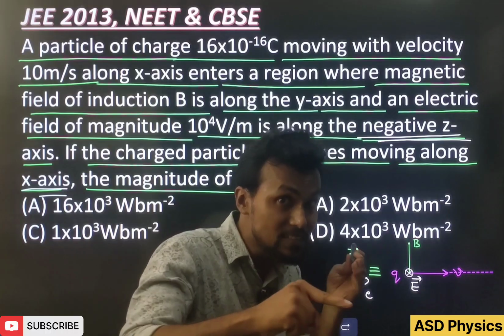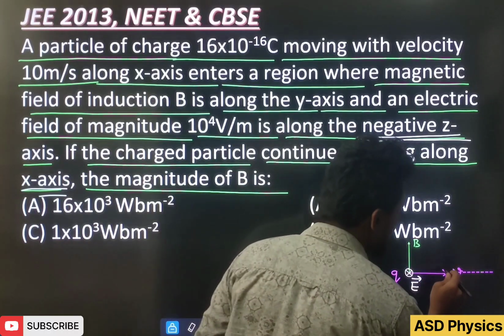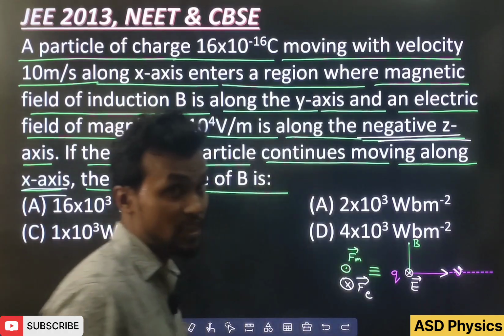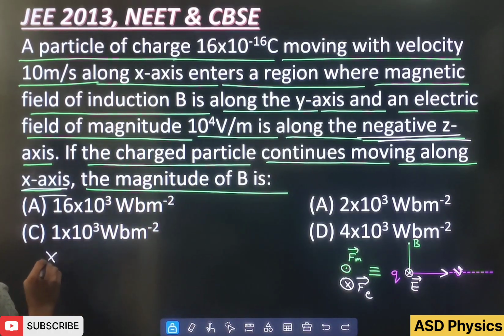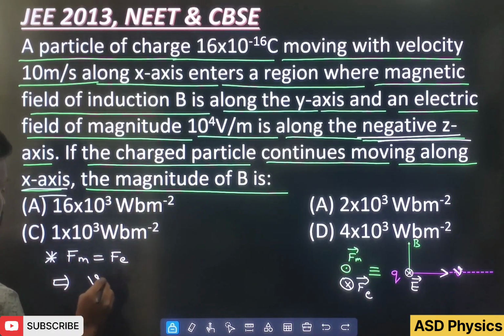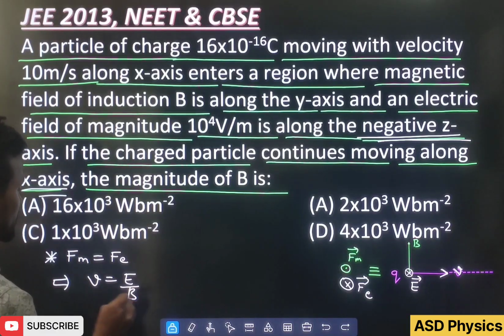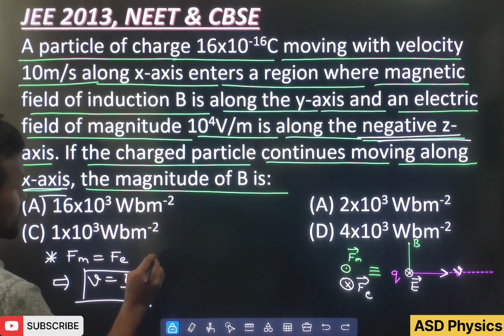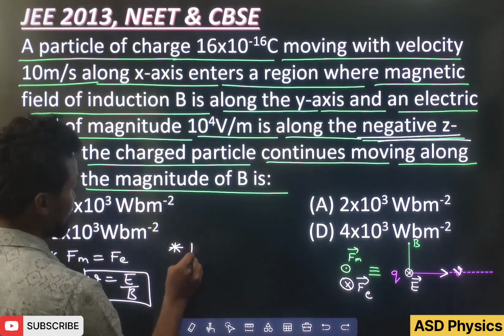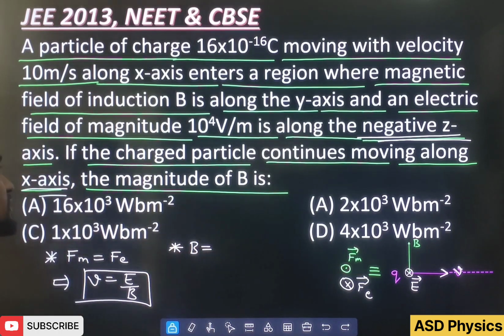When both balance, only then the charged particle will keep on moving along the x direction. Remember that here both the forces should be balanced. So we know very well Fm should be equal to Fe, and according to this, v equals E by B. So from here we can write the value of B, which they are asking in the question, the B value.